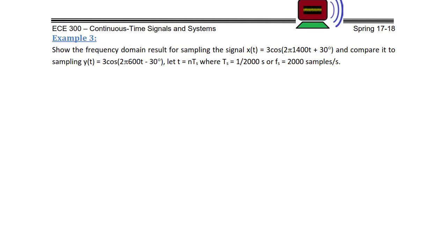Show the frequency domain result for sampling the signal x of t equals 3 cosine 2 pi 1400 t plus 30 degrees, and compare it to sampling y of t equals 3 cosine 2 pi 600 t minus 30 degrees. Let t equal nts, where ts is equal to 1 over 2,000 seconds, or fs is equal to 2,000 samples per second. So first, looking at x of t, we see that this has a maximum frequency, f sub m, of 1400 hertz.